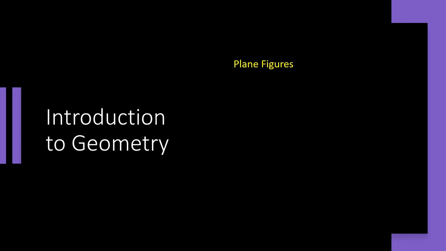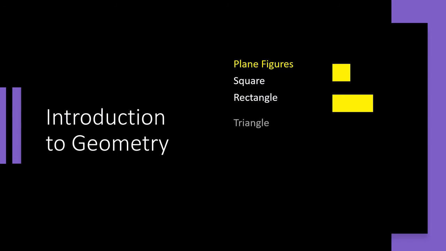For example, right here I have the square, and this is what the square looks like. Okay, very nice. Everybody knows what a square looks like. And then we also have the rectangle. And the rectangle looks something like this. Yes, it's just like a square, but it's stretched on one side or on two sides, I guess. And then we also have the triangle.